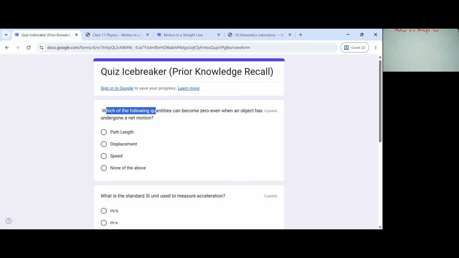Which of the following quantities can become zero even when an object has undergone a net motion? You can type the answer in the chat box. Path length, displacement, speed, or none of the above. Which one is correct?